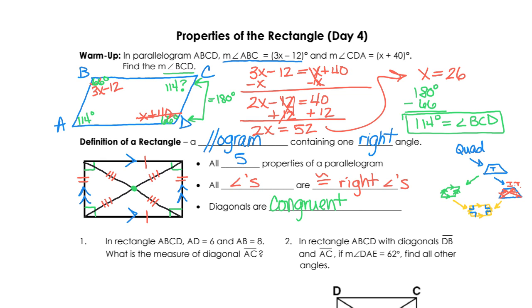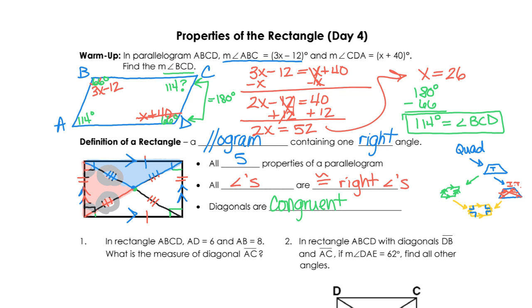So what happens in a rectangle is if we take a look at one triangle in here, you're going to realize that this triangle is isosceles. See these 2 equal sides here? Therefore, these 2 angles down here would be equal. Okay? If you take a look at this triangle here, it's also isosceles.